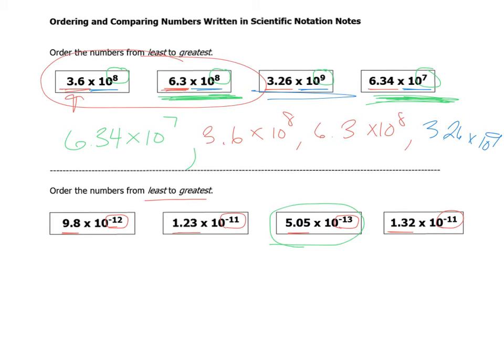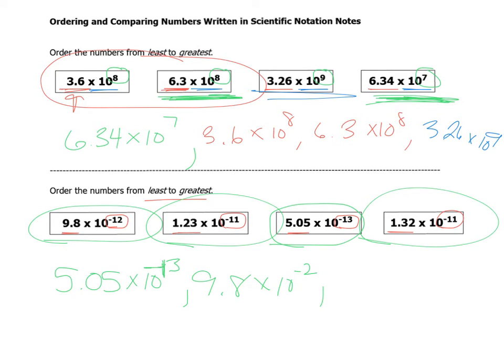Negative 13 means it's going to multiply by 10 in the left direction, which makes for a very, very small number. So I'm going to use 5 5/100 times 10 to the negative 13 as my smallest number. Then would be 9 8/10 times 10 to the negative 12.